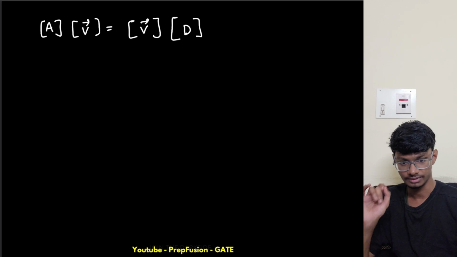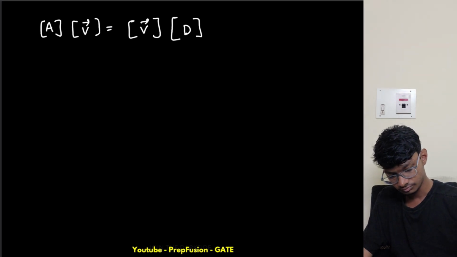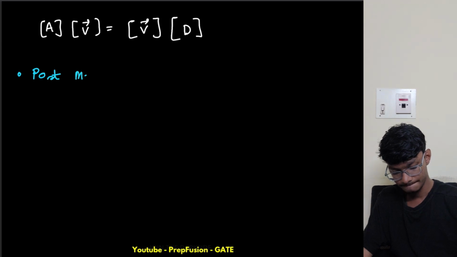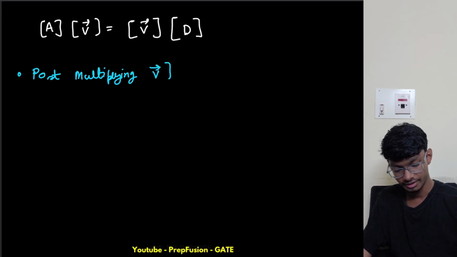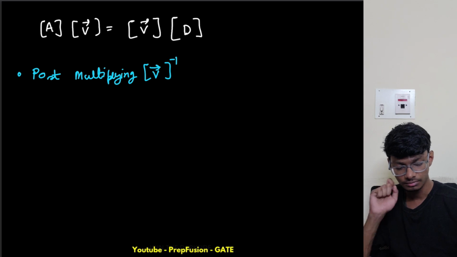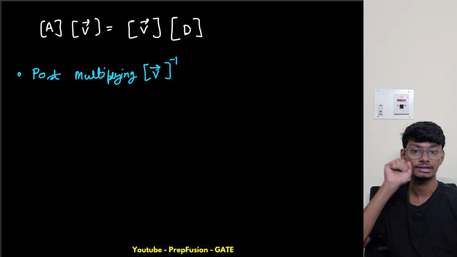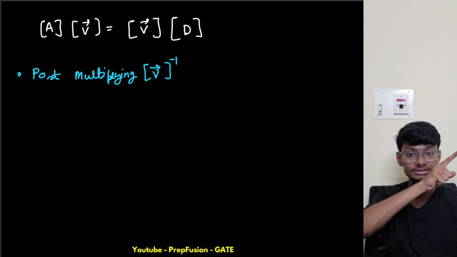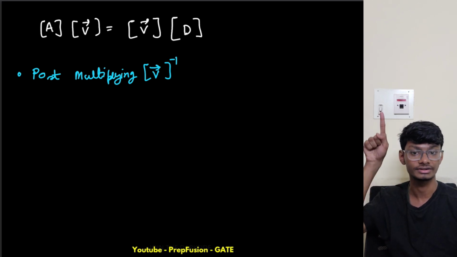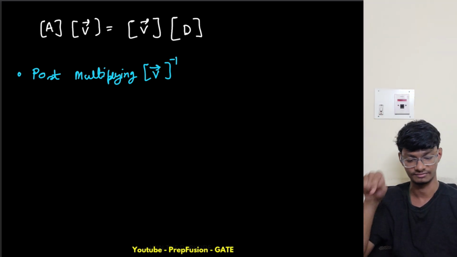So first, post multiplying with V inverse. And why does V inverse exist? Because the eigenvectors are linearly independent, and each eigenvector is a column matrix itself.